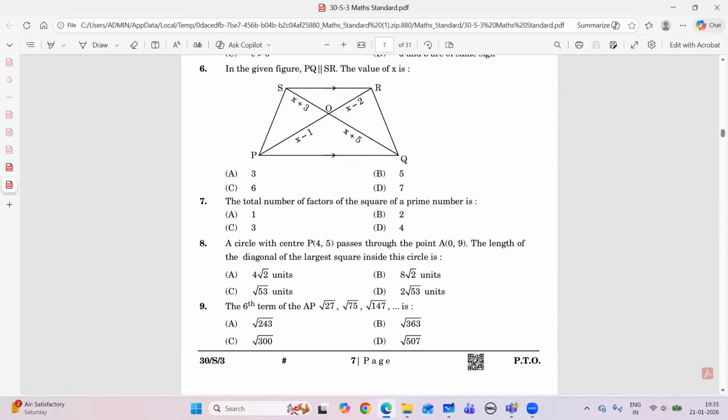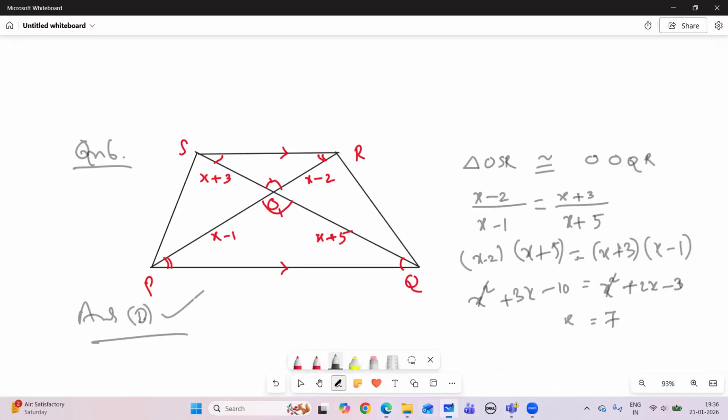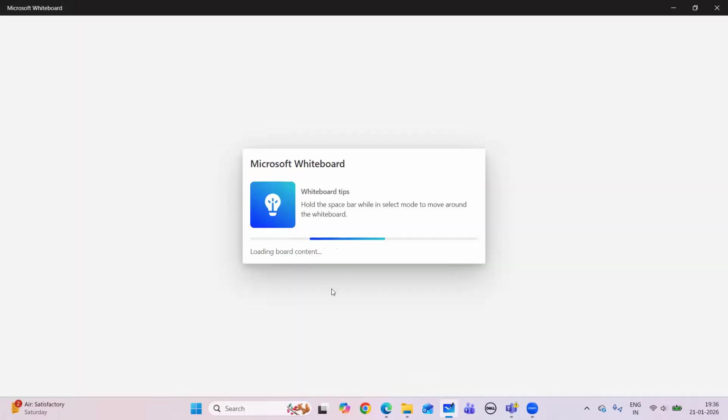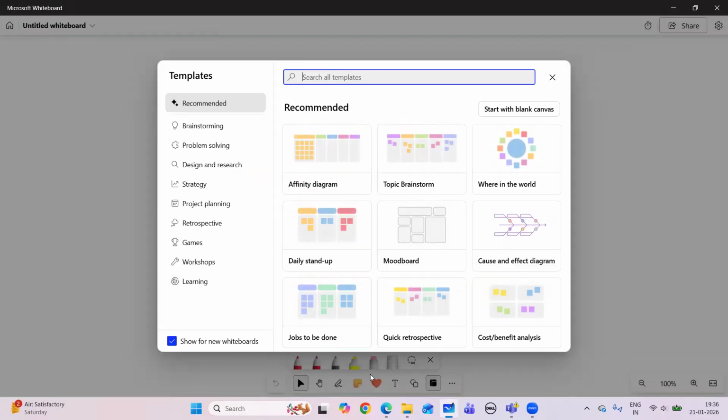Let us go to the slide. Square of a prime number. This is question number 7. If p is a prime, you can write p square as 1 into p square. This can also be written as p into p.